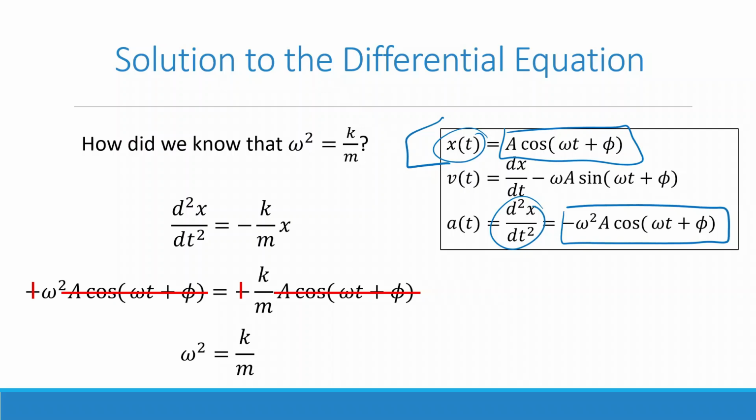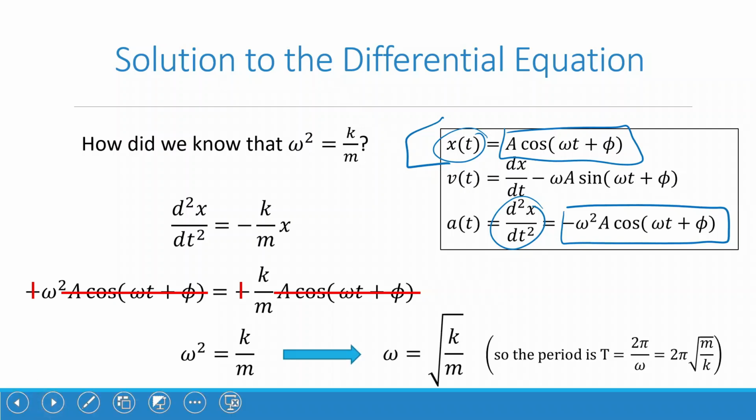But we can see and we can prove that once we know that x of t is A cosine of omega t plus phi, that it does satisfy our second order differential equation, we can therefore find the angular frequency of our oscillation, and therefore the period of our oscillation, using the differential equation that we have set up. So as we already talked about, this shows that omega is equal to square root of k over m, and then our period is 2 pi square root of m over k.